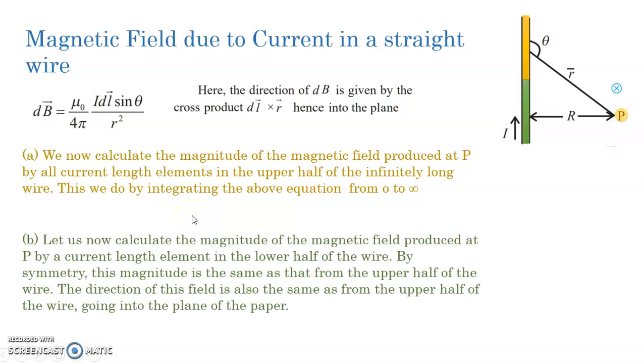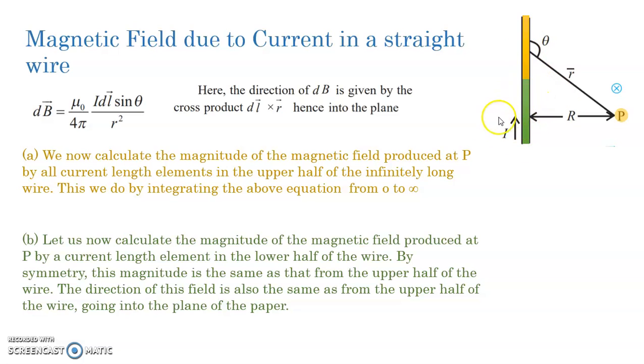Also, we calculate the magnitude of magnetic field produced at point P by the current carrying length elements in the lower half of the wire. By symmetry, this magnitude is same as that of the upper half of the wire. The direction of this field is also same as from the upper half of the wire.